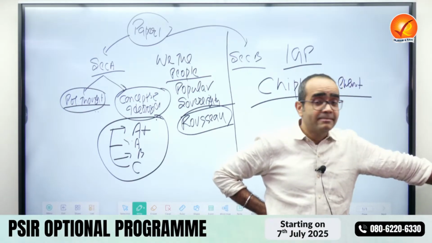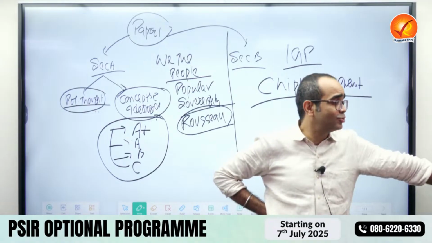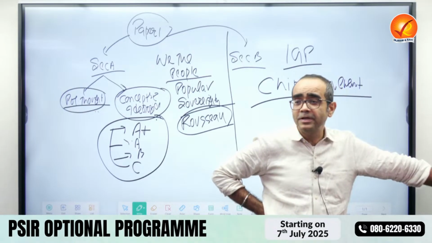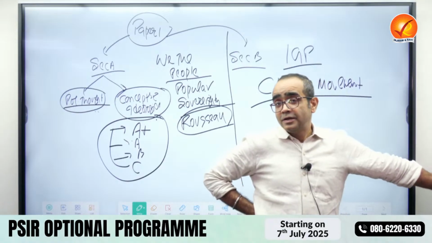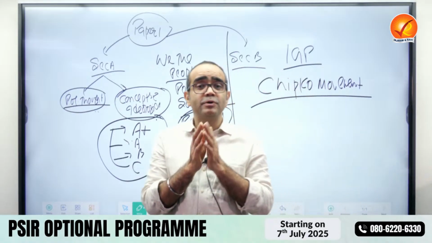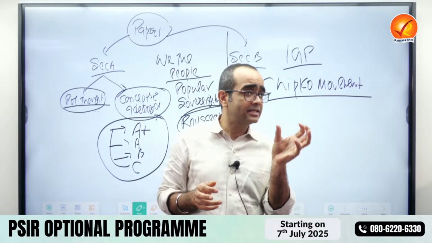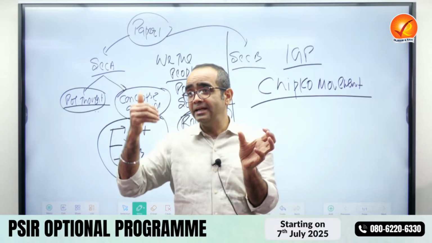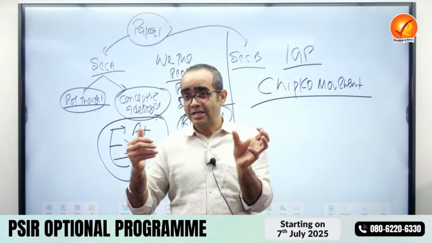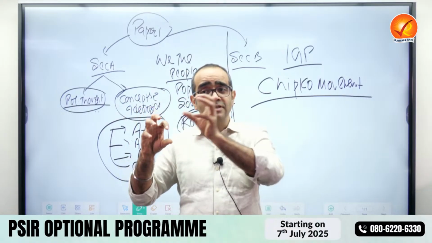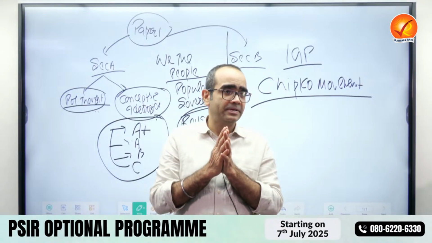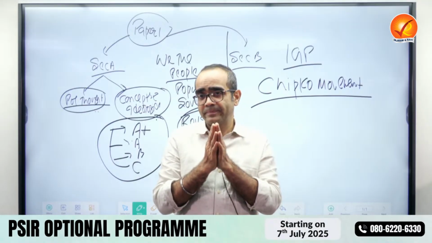Political parties, pressure groups, and social movements in advanced industrial and developing societies. So in paper 2, Iqbal sir will be teaching you theories of political parties, social movements. Then I will be taking up the Indian context. So when you're writing the answers, you have to use the theories. So we teach the topics in an integrated way.